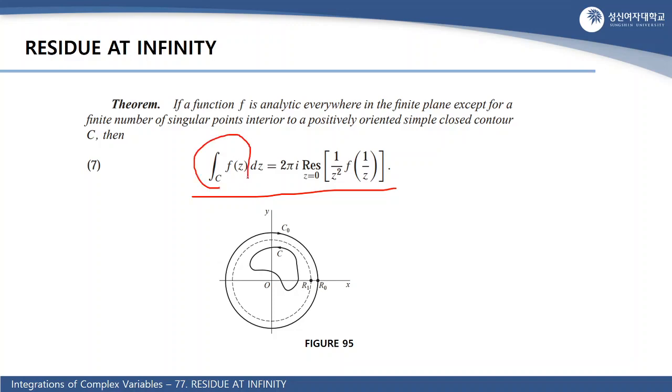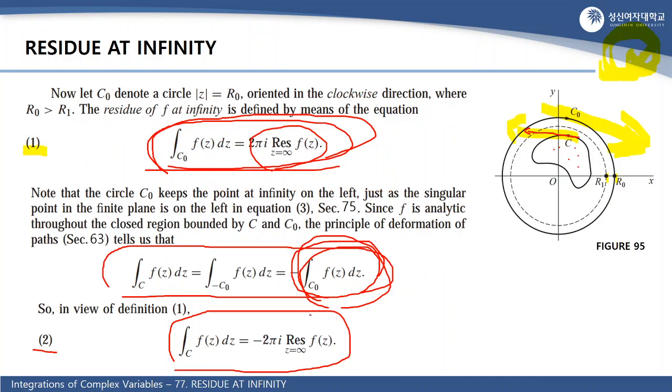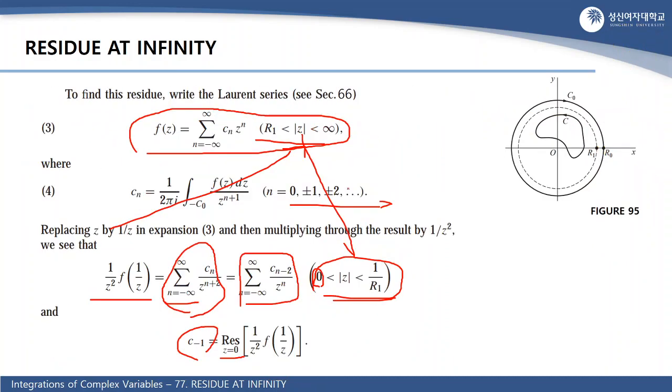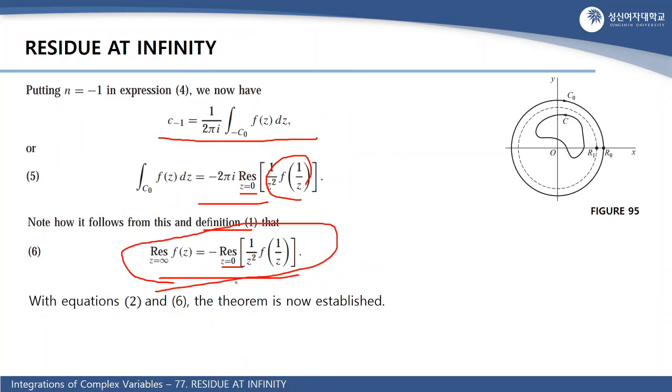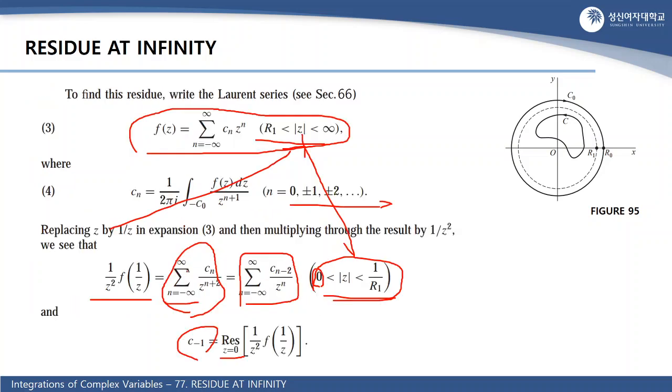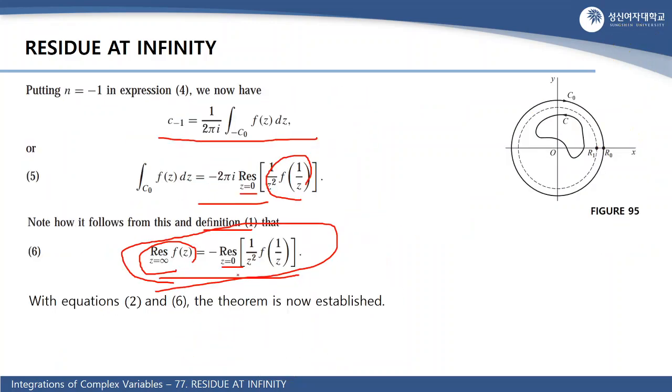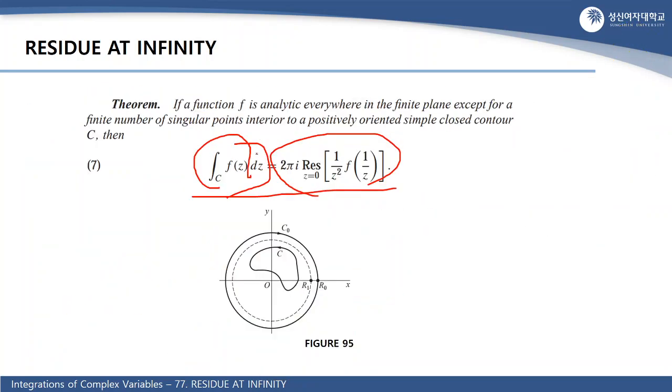This part is equal to this, and this part is equal to this. So this part is the same as this. Replace it by this, then we get this result here.